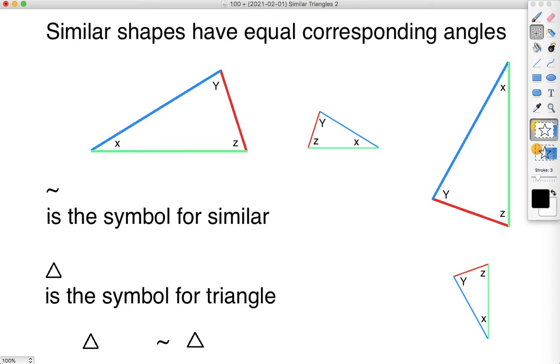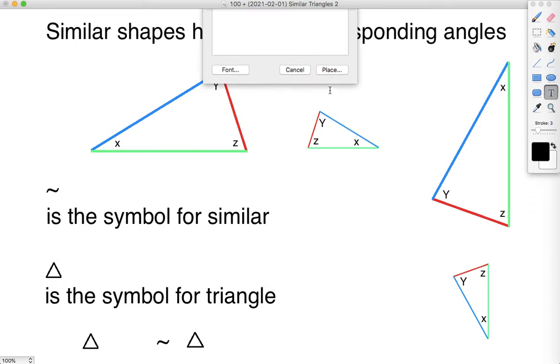Let's quickly go and talk about some notation or how you write stuff. This symbol right here is the symbol for similar. This symbol right here is the symbol for triangle. Let's label our two triangles.